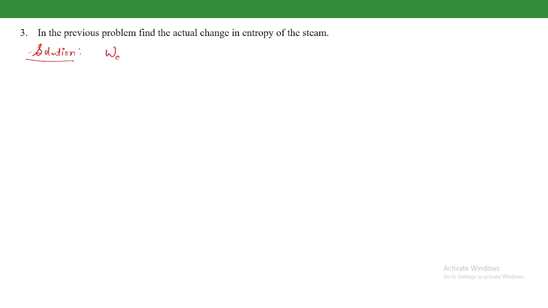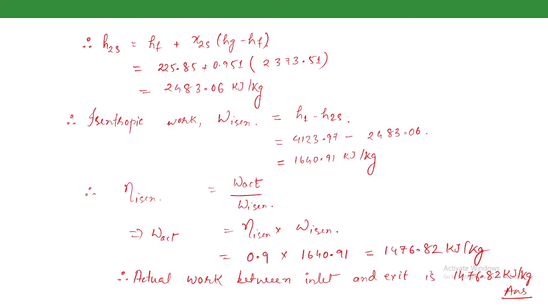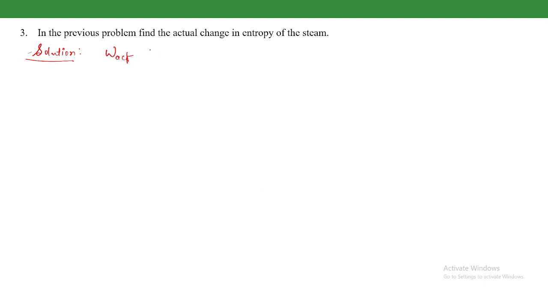W actual, which we found in the previous problem using isentropic efficiency. But we also know that if we consider an energy balance of the turbine in the actual process, then this will be H1 minus H2, the enthalpy change in the turbine, minus the heat losses occurring in the turbine.